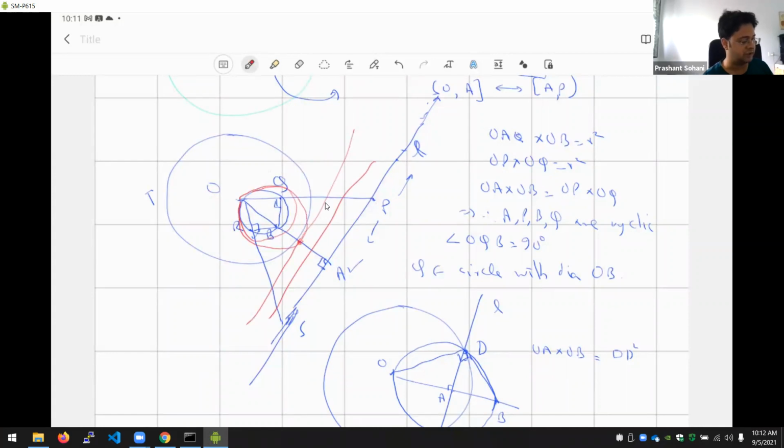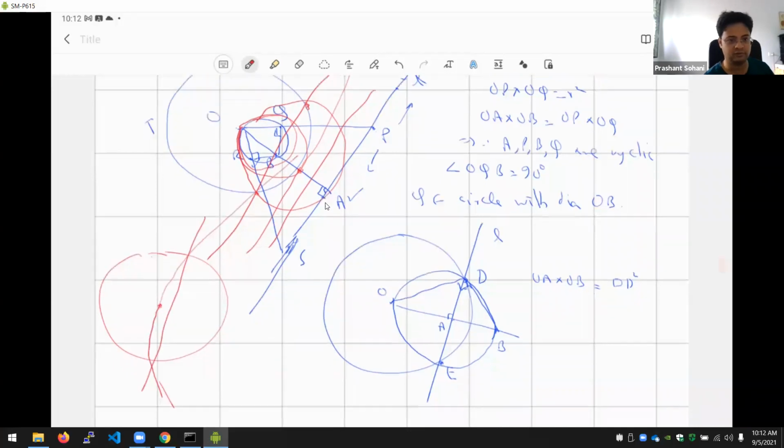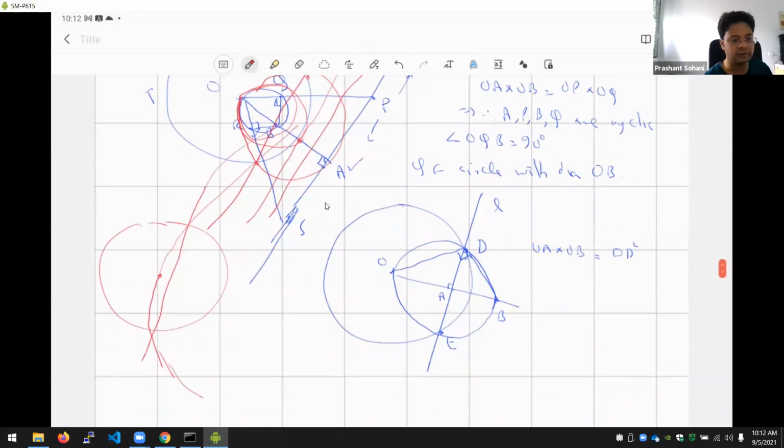Then when the line starts moving inside the circle, so it has some points of intersection, then the inverse image also has the same points. And if I continue this way, when the line is very close to the center, then the inverse image is also going to be a circle of a very big radius. And eventually when the line moves exactly through the center, then this circle of very big radius also coincides with that line.